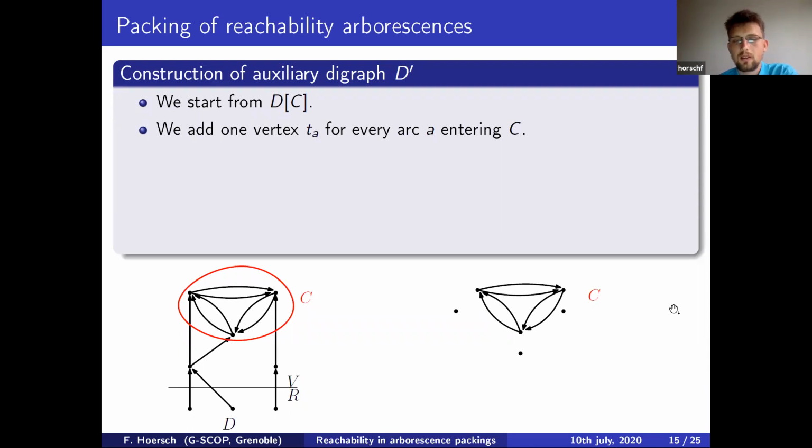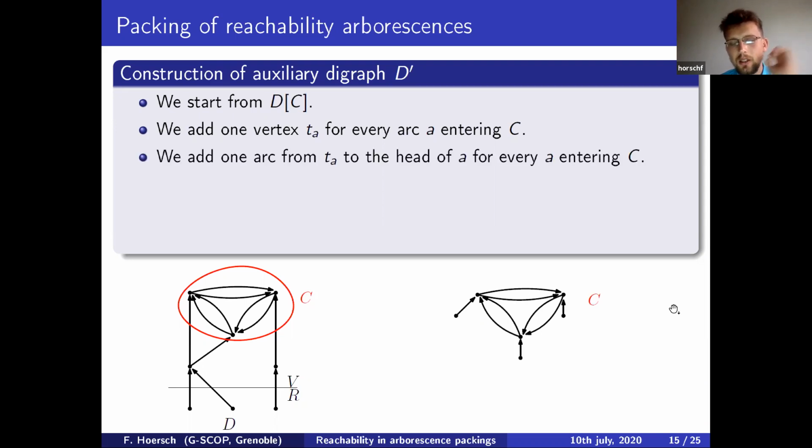Okay. And from each of these artificial vertices, I make an arc to the head of the corresponding arc in the original graph. Okay. Now I also need to consider roots. I need to know for which arborescences I can possibly use the arcs that enter C. So in some way I need to contain the roots in my graph.